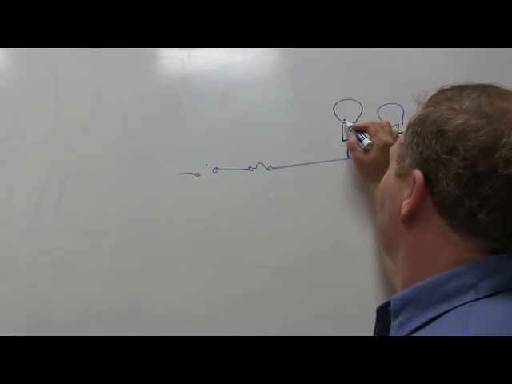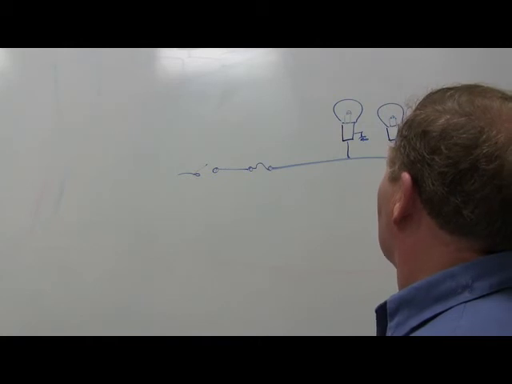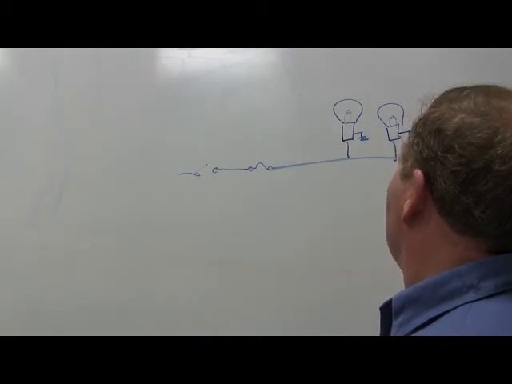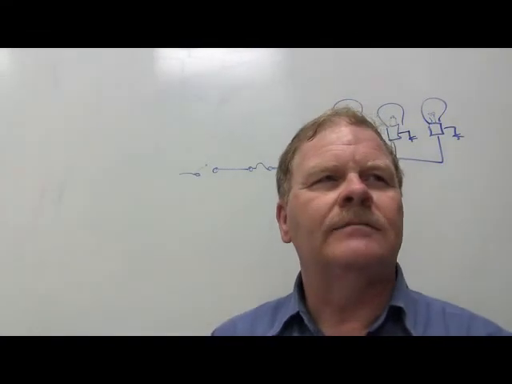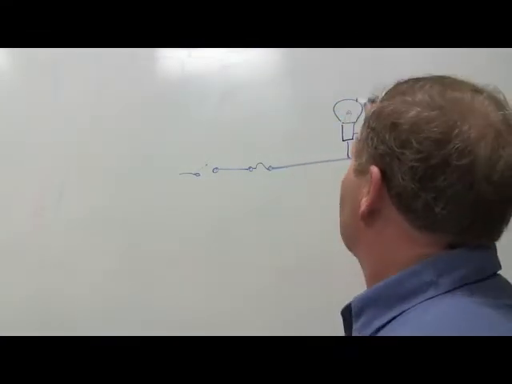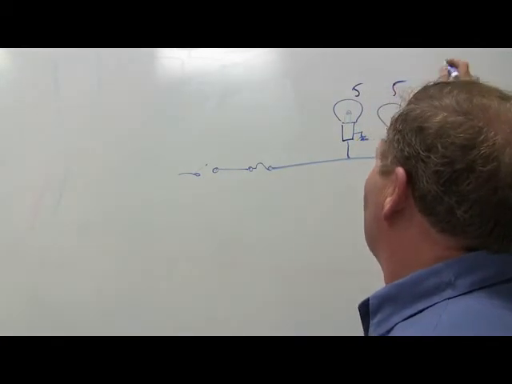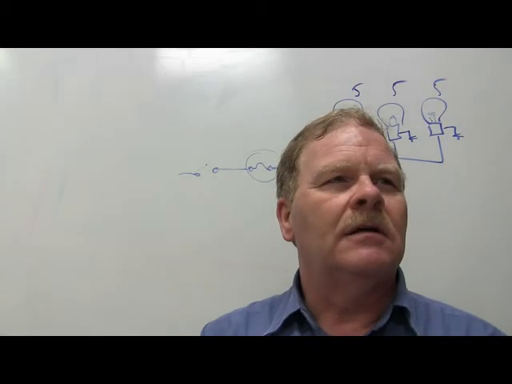If these three lights are each going to pull, let's say, 5 amps each. 5, 5, 5. What should this fuse be? 20 amp fuse or 15?